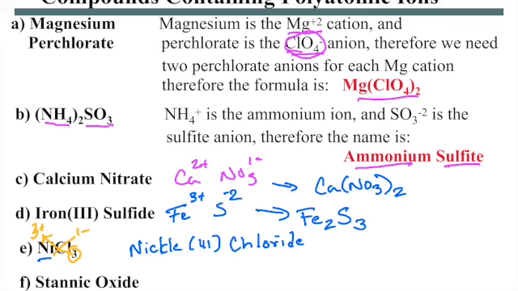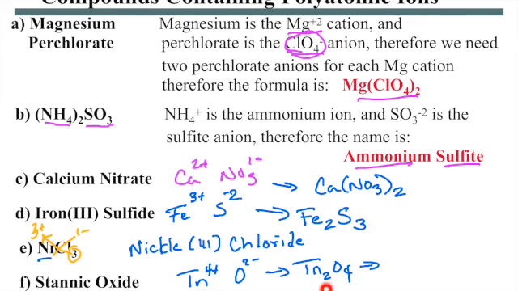The last, stannic oxide, now I gave you a little bit more information. Stannic is the name for tin with a +4. Oxide is a 2 minus. Going back, 2 and a 4 doesn't balance, so I would do Sn using the cross method, Sn2O4, and then I use this very rare last step.